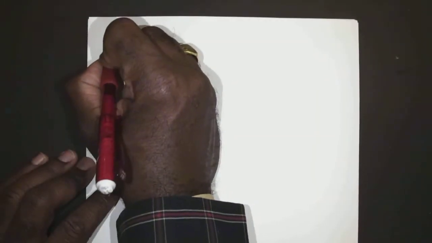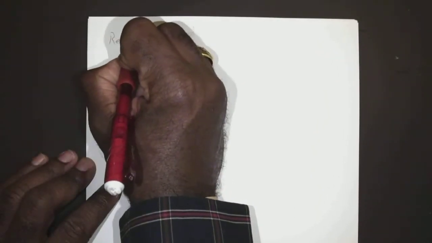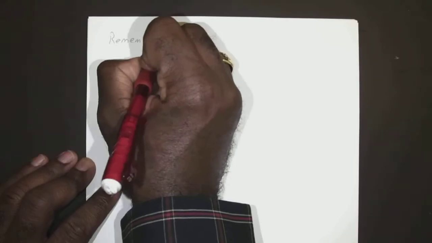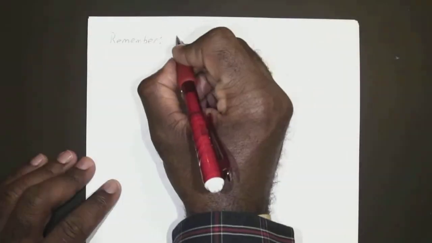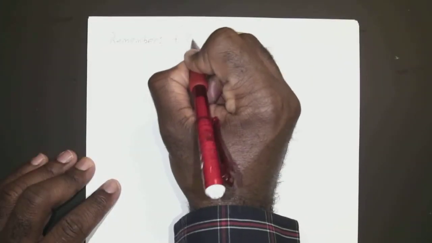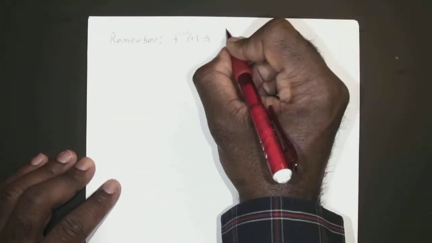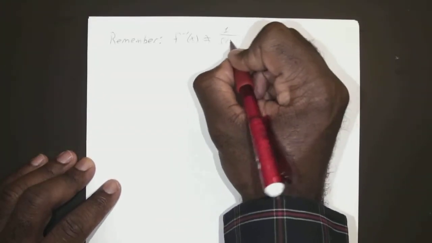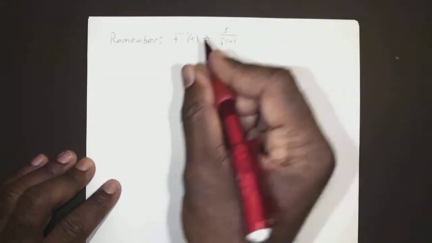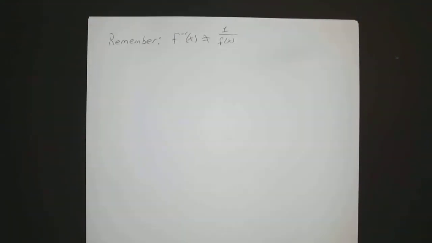Okay, now quick reminder. The same way f inverse of x does not equal 1 over f of x. That's just a notation. It doesn't mean the function raised to the power of -1.